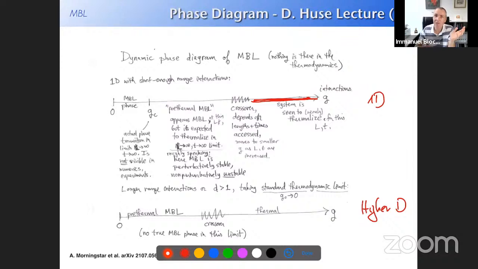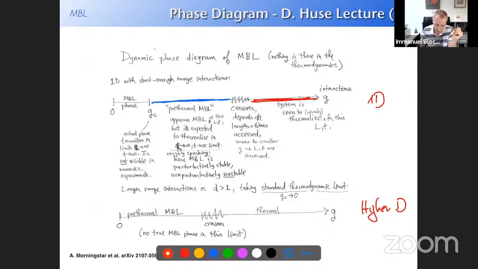Okay, so that would be a phase which looks to me, on the time scales accessible to me, like a perfect MBL system. So all quantities that people have derived that tell you whether it's MBL or not. In this region, let's mark this blue, this would look to me as an experimentalist like a perfect MBL phase. Only when I go to extremely long times, maybe 10 to the 12 tunneling times, would I see that the system is not really MBL, it relaxes also to a thermal state.